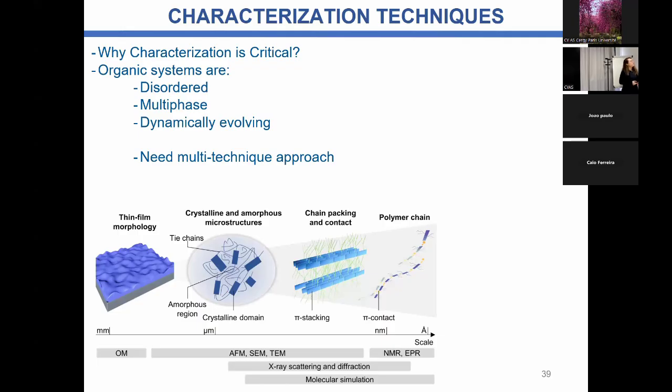So the organic materials, as we discussed, they are disordered, multi-phase, and dynamically evolving. So in terms of characterization, they are quite challenging because there are some techniques that you cannot see.